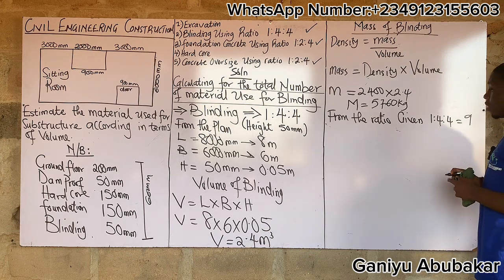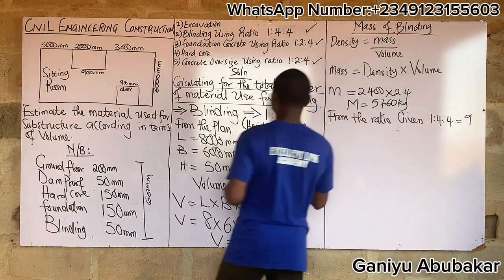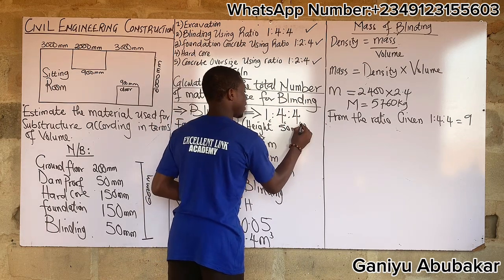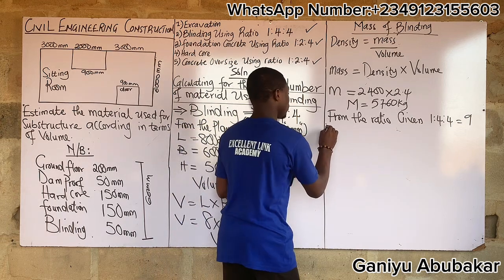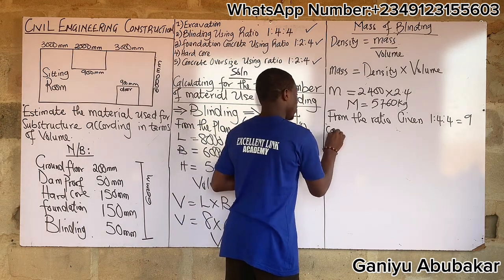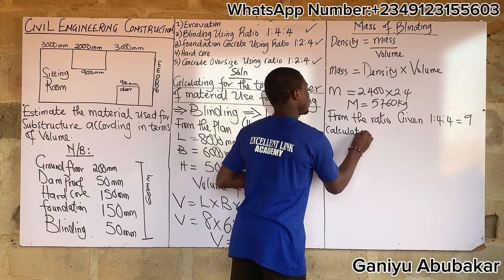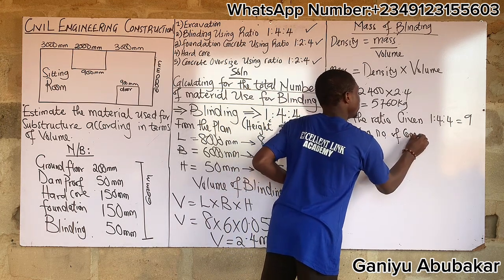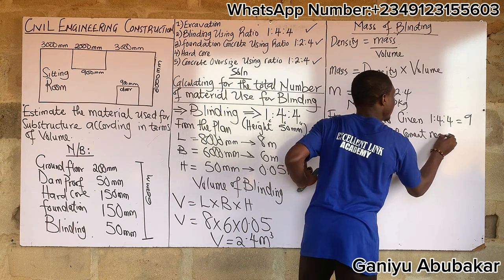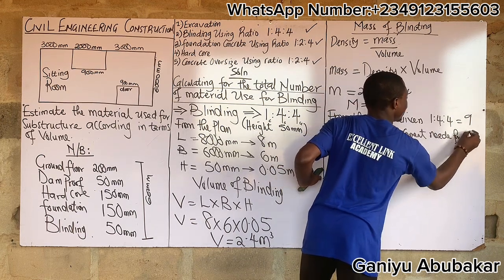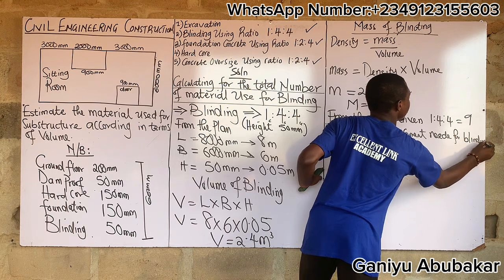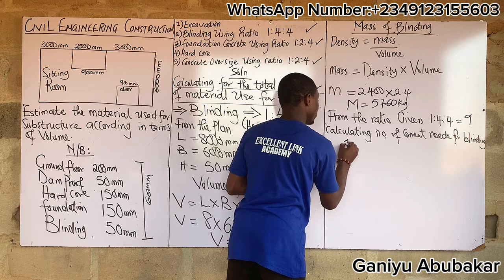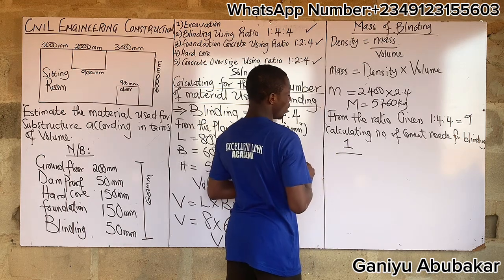So the total is 9, right? So let's do it for cement. We said this is cement, sand, and granite. So for cement, calculating the number of cement needed for blinding.